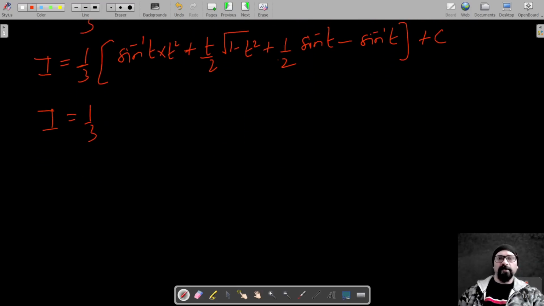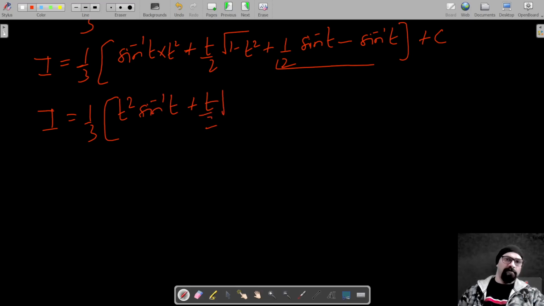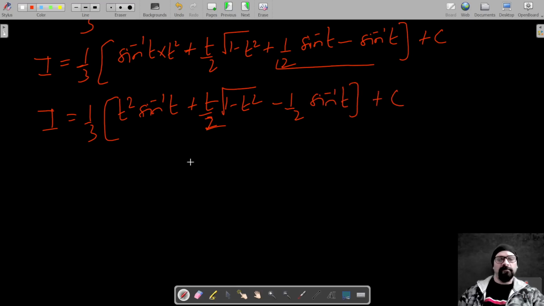This can be simplified. Half minus 1 is negative half. So this is t square sine inverse t plus t by 2 under root 1 minus t square, this is negative half sine inverse t plus c.